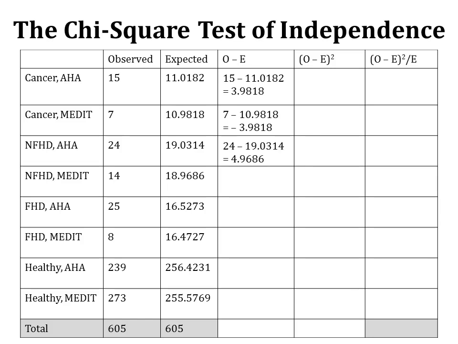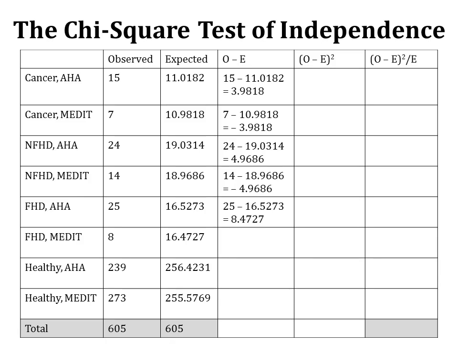And then the next cell, which is the non-fatal heart disease on AHA diet, and the difference between the observed and expected frequencies is 4.9686. And then for the next cell, this is non-fatal heart disease on Mediterranean diet.